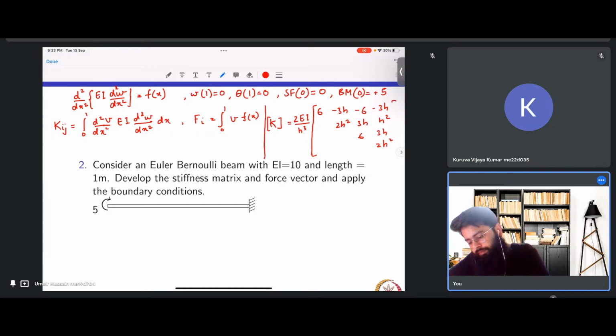Since we know the stiffness matrix is always symmetric, we can fill the rest of it down.